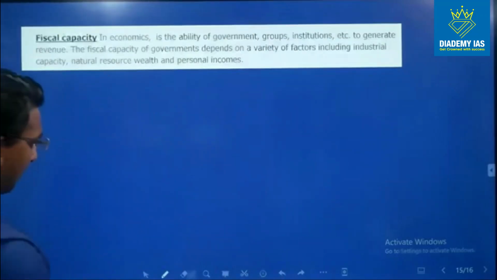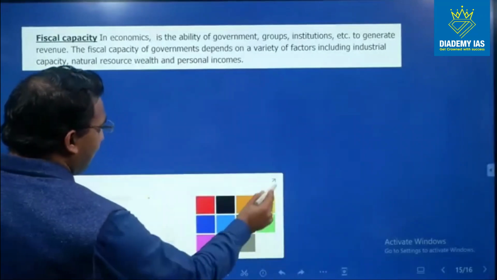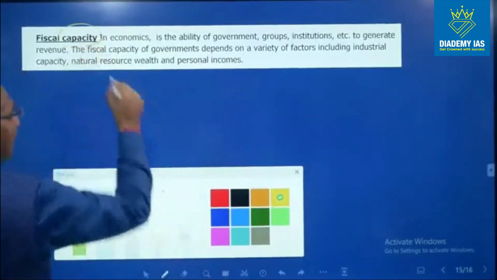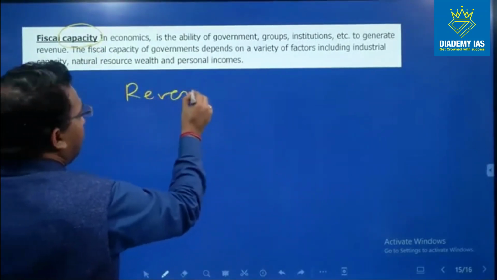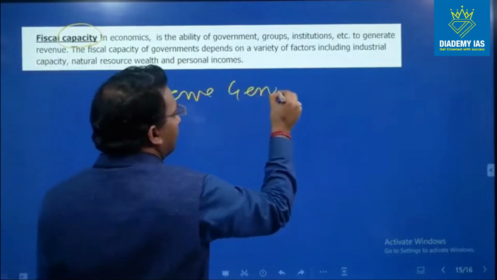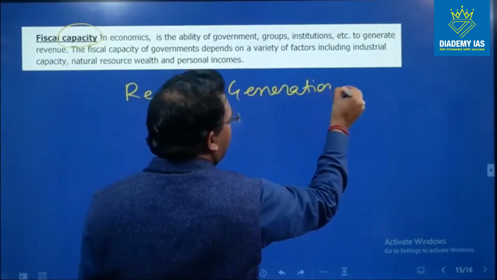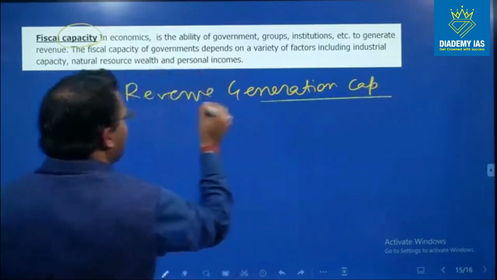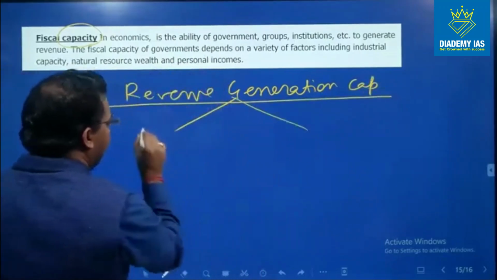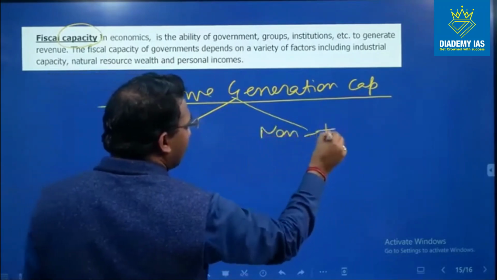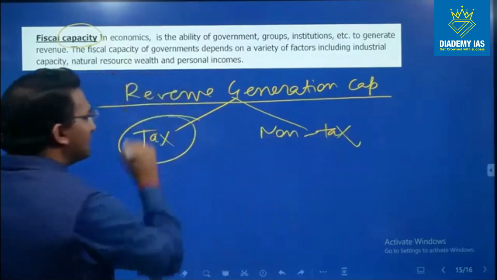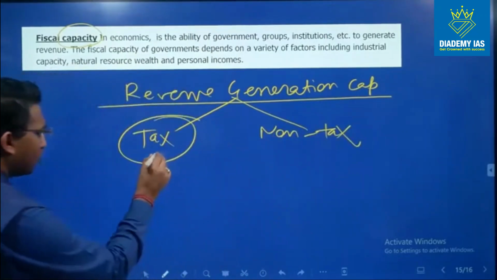Next is fiscal capacity. Fiscal capacity means the revenue generation capacity. Revenue can come from tax revenue or non-tax revenue. Non-tax revenue is very little, so primarily it is the tax revenue. And tax revenue is based upon what?